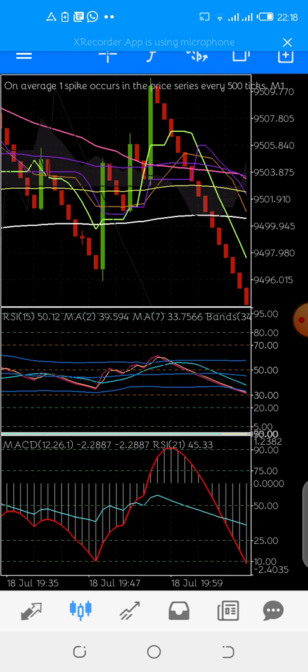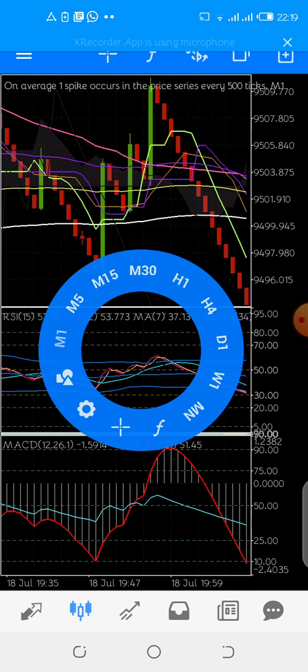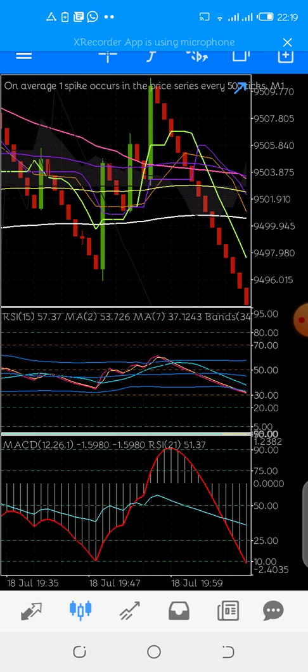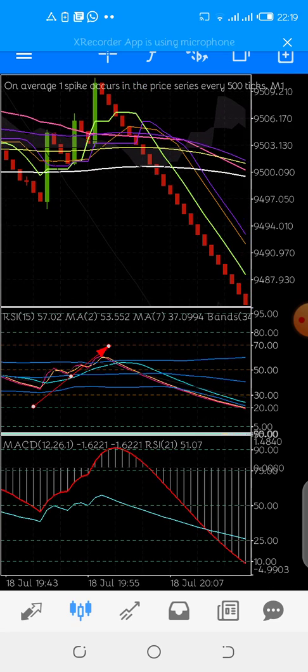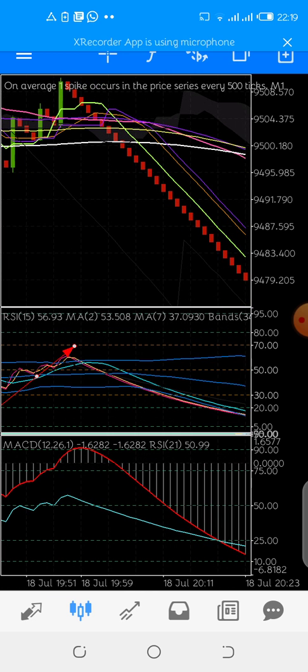So if this trade does not work, it is because our TDI here shows that we may not be in a ranging market. Okay, so let's see. Did you see that? So we've touched, but it didn't spike. Why? The TDI had shown us that we were not in a ranging market.